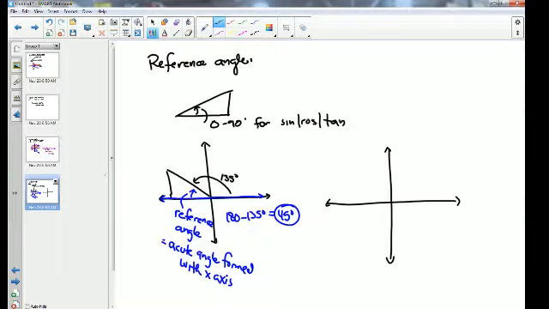Okay, so if I give you a 260 degree angle, somewhere in there, what is the reference angle?